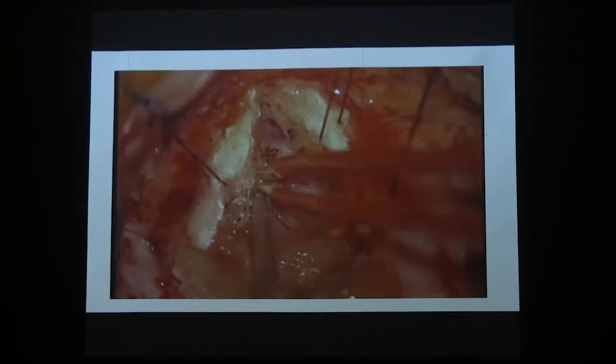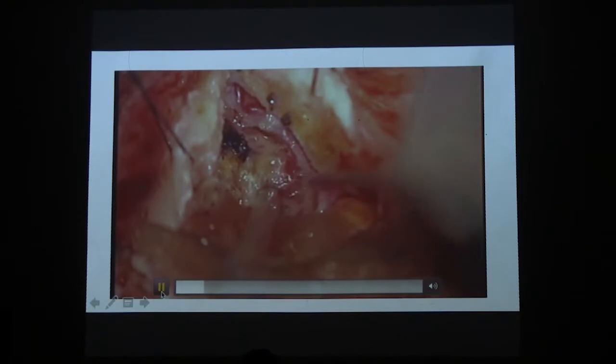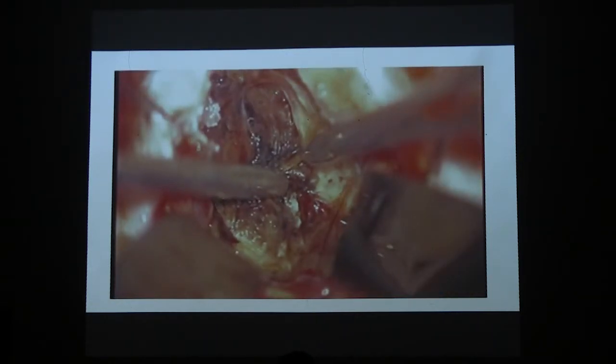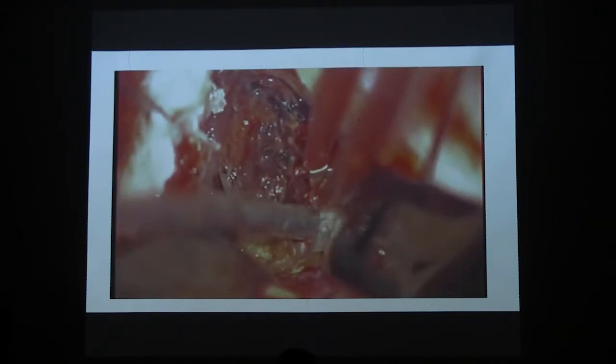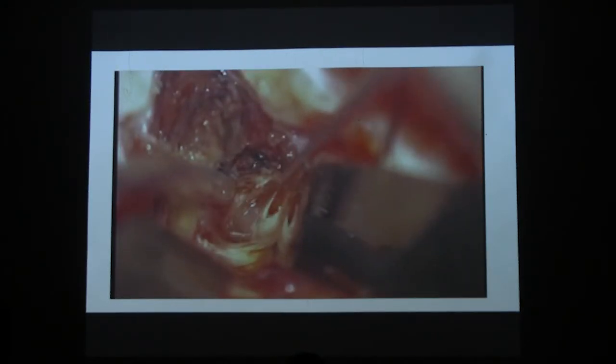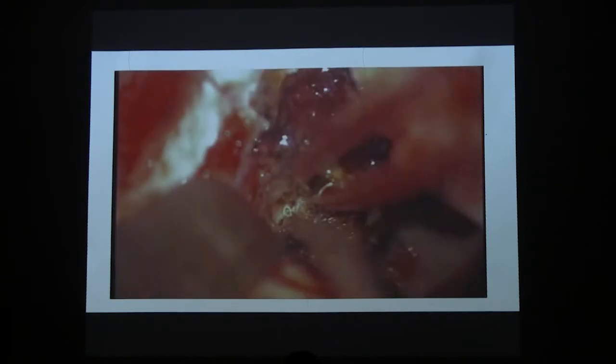So this is during surgery, as you can see. We open up. And for hemangioblastoma, I think surgery often offers a cure to the patients. So we need to really pay attention not to leave anything behind, because if we leave something, it will grow back.